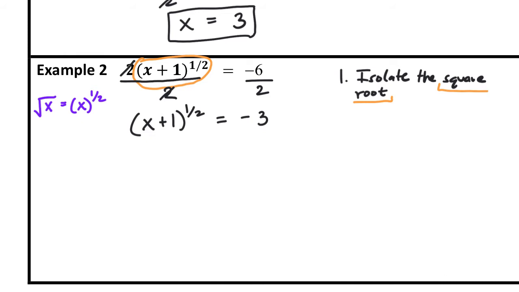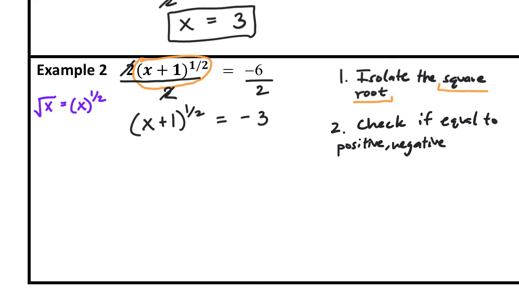Now let's look at step 2. Check if equal to positive, negative, or 0. And it looks like we have the situation where it's the square root term. Pick the color again.